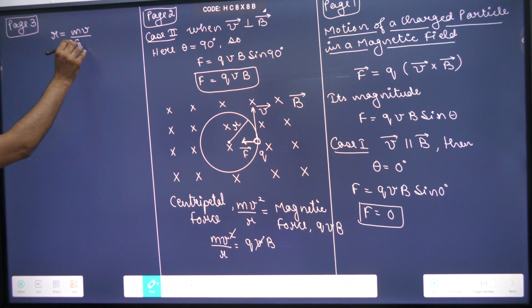r equals mv upon QB. Is this clear to you?